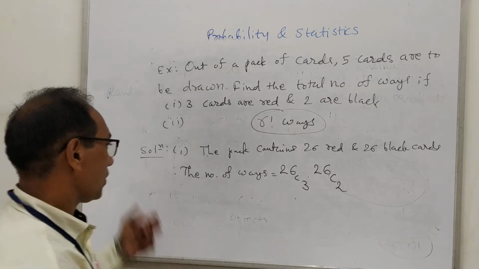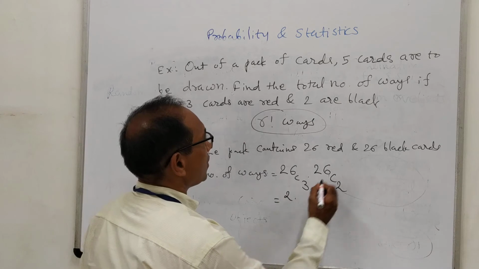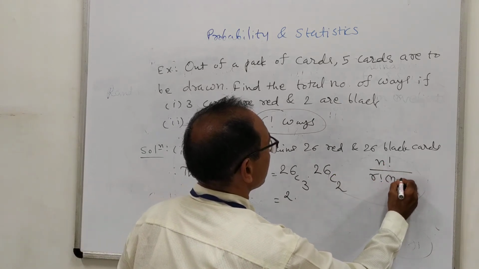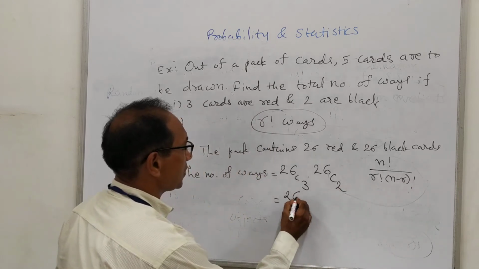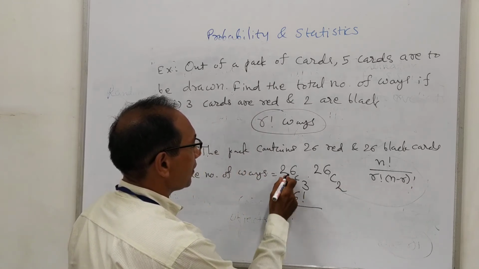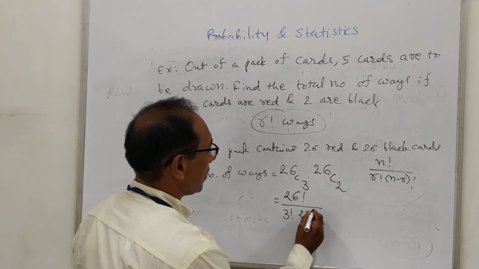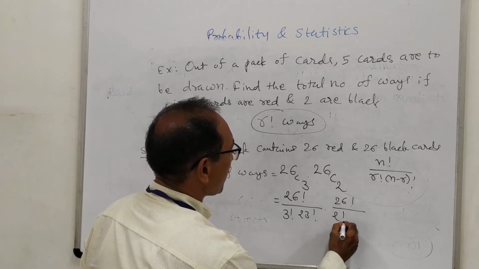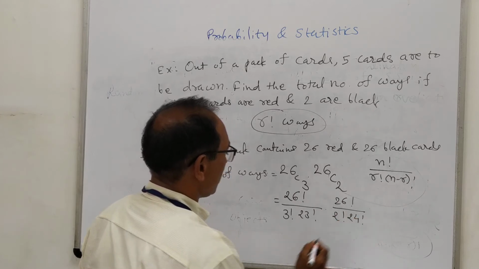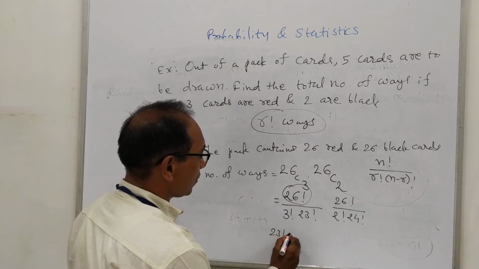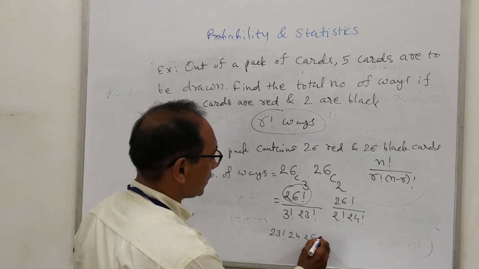Else, if you want to solve this, you can do it by using n factorial upon r factorial into n minus r factorial. By using this definition, it is 26 factorial divided by 3 factorial, and 26 minus 3 means 23 factorial. This is written as 26 factorial divided by 3 factorial into 23 factorial, and this can be written as 23 factorial into 24, 25, 26.